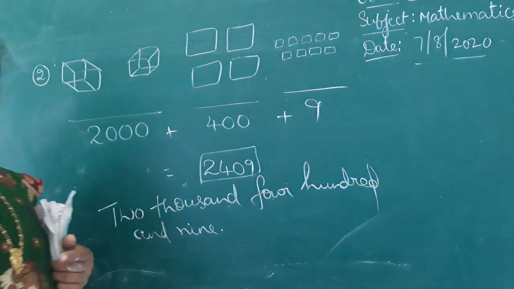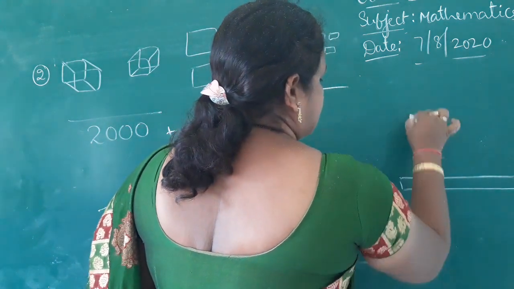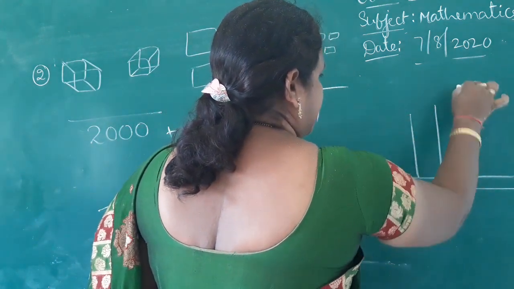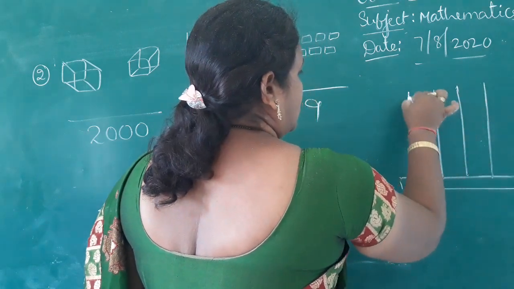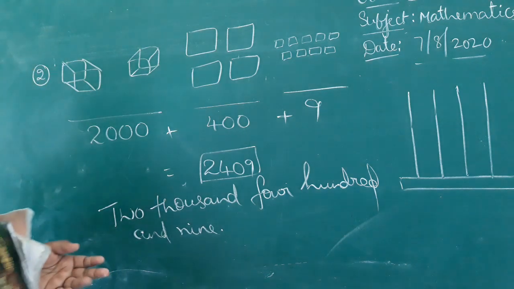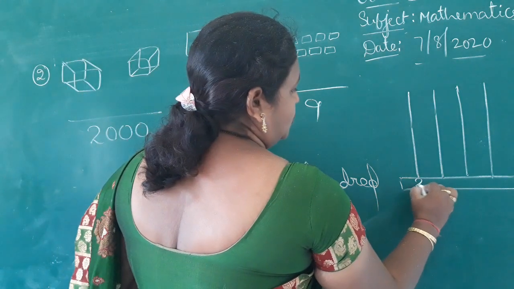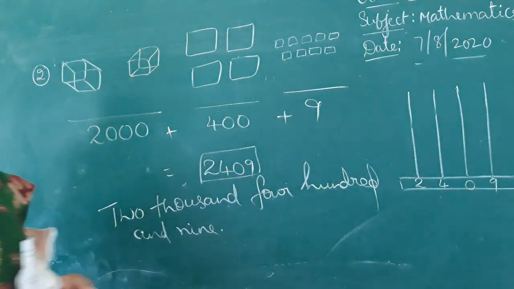They ask us to draw this one on the abacus. Already I told you the abacus contains totally 2 parts. What are those 2 parts, children? Spokes and beads. What is the number in the question they gave? 2409.